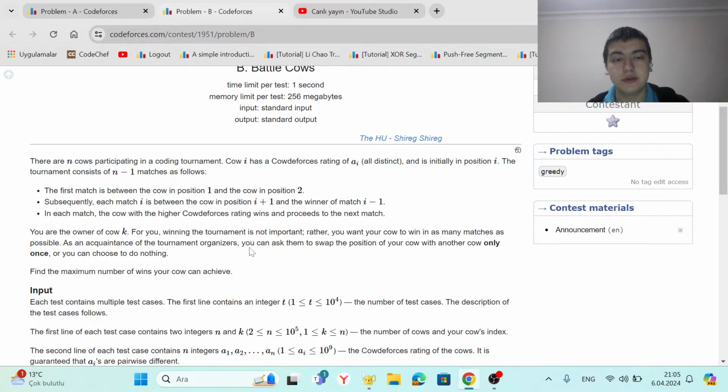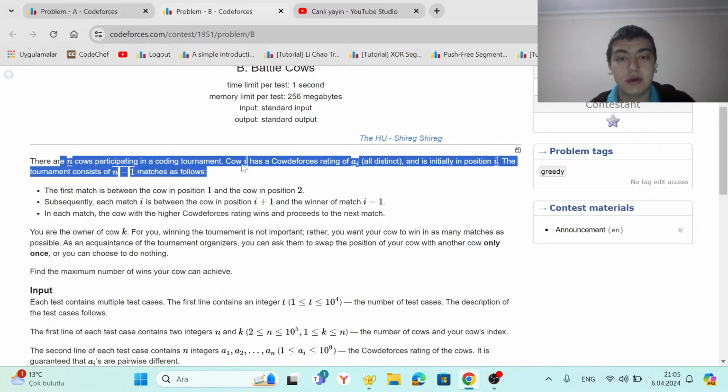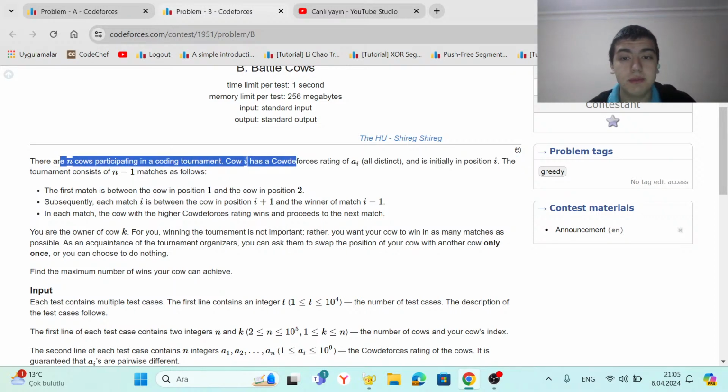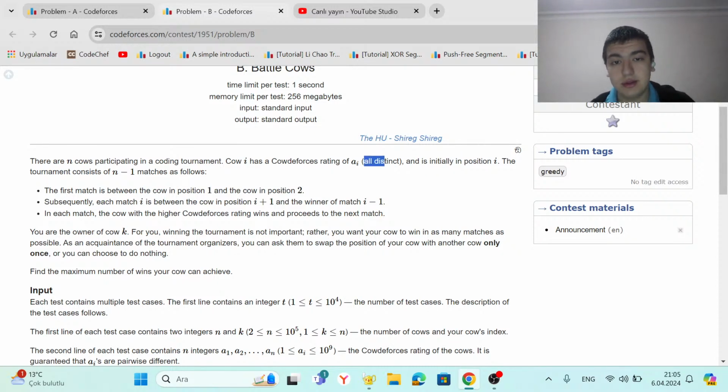Let's first read the problem. There are n cows in the tournament. They have ratings. The rating of the ith one is a_i, and they are all distinct. And each cow is initially in position i.